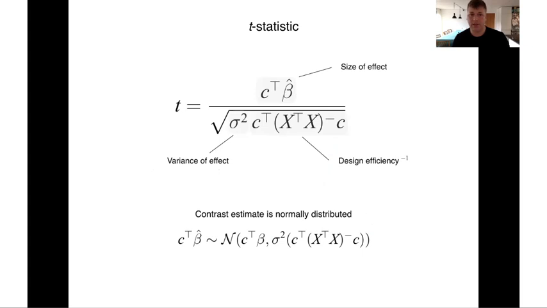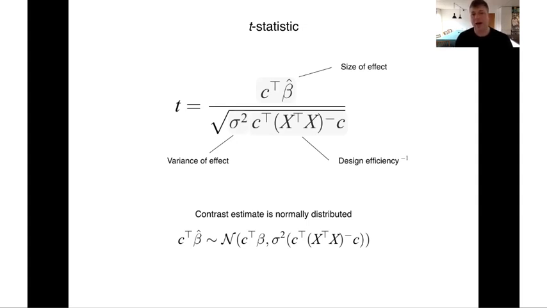and the denominator of the t-statistic is given by the square root of the variance of the effect times a term that scales this standard error. And this term, C transpose times the inverse of the moment matrix, X transpose X, times C, is known as the design efficiency, or in fact the inverse of the design efficiency.